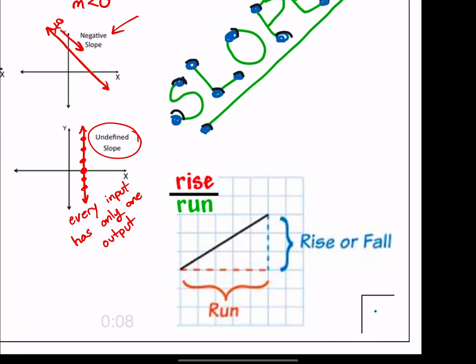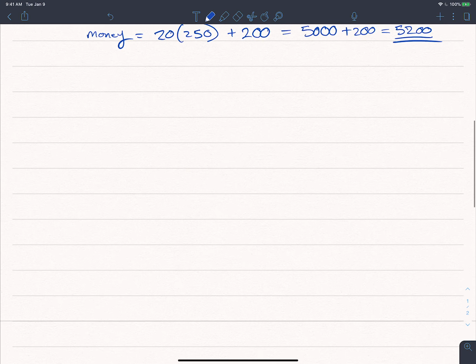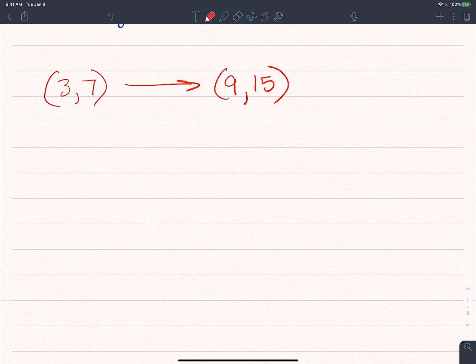Now, to find the slope, we need to do rise over run. It's a rise or a fall over the run. So how far up we go divided by how far over we go. Let's look at a new example. Let's say we start at the point (3, 7) and we end up at the point (9, 15).